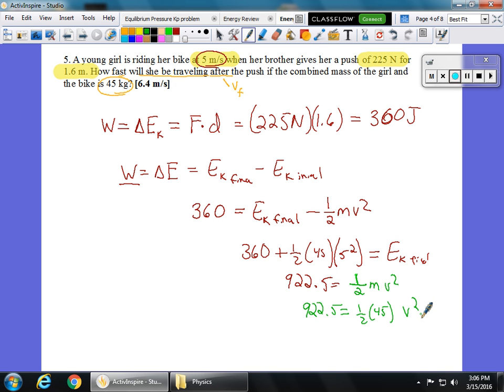Now you just have to do your algebra. You're going to need to take the square root, because we don't want velocity squared, we want velocity, and that will give you the final velocity of 6.4 meters per second. And that makes sense. The brother's doing work, so her velocity should be increasing. Next, I'll be back with some problems that have to do with conservation of energy.